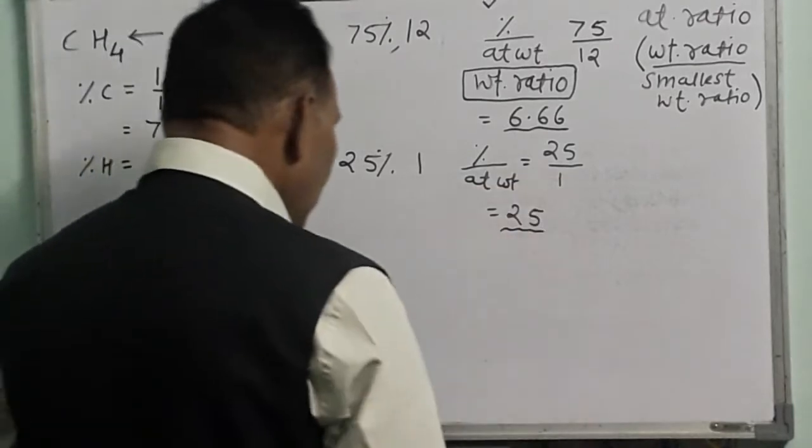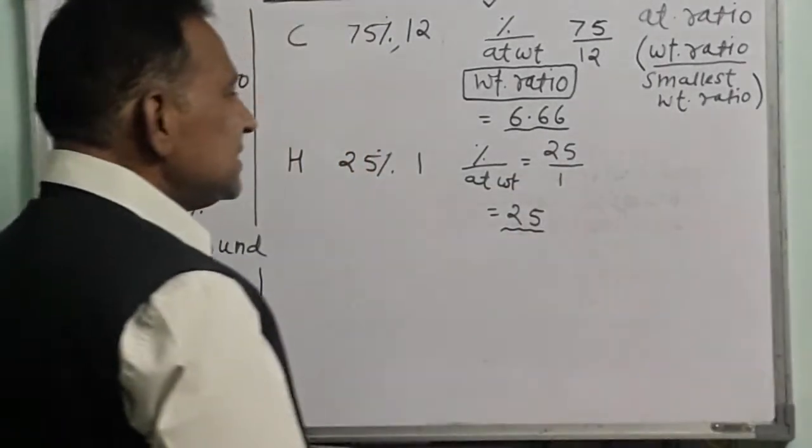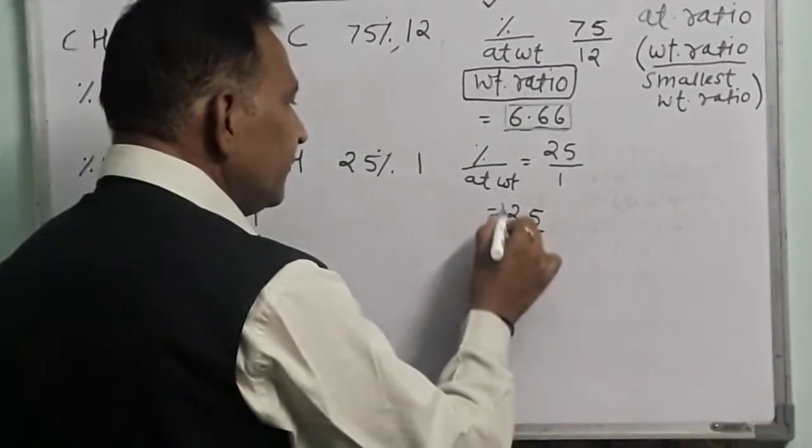तो अभी दो weight ratio we are having. One is 6.25 as the weight ratio, and another is 25 as the weight ratio.